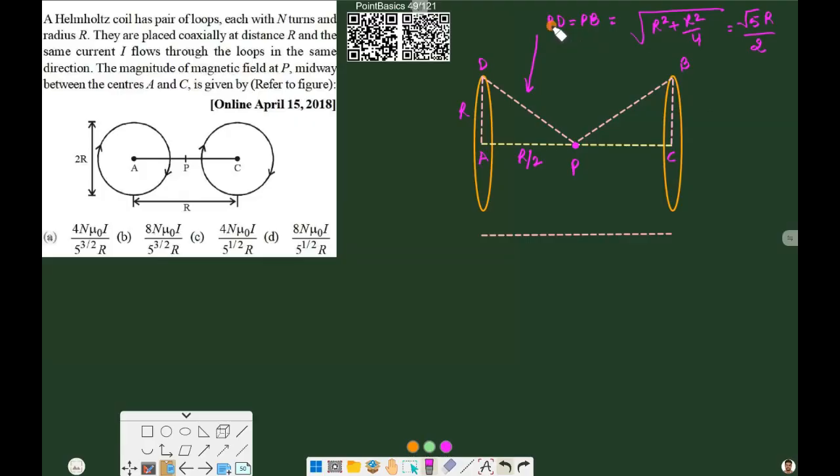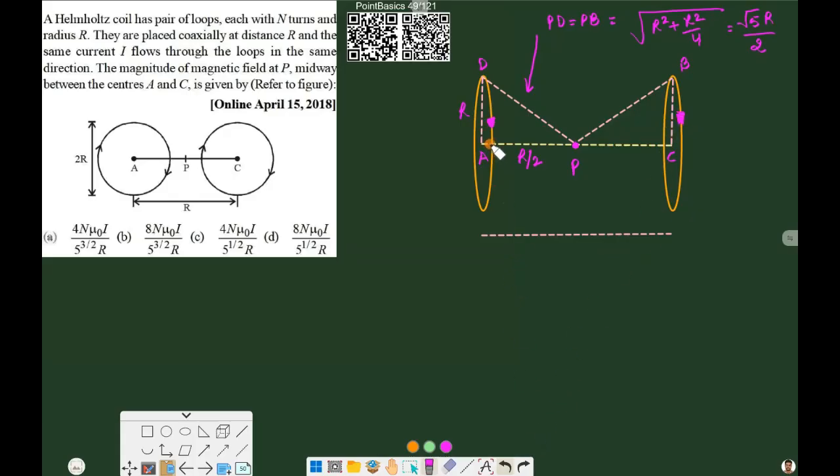Now coming to one of the loops. As mentioned, the current in both of these is in the same direction. So suppose the current is here something like this in this loop, and in this loop also the current will be something like this.